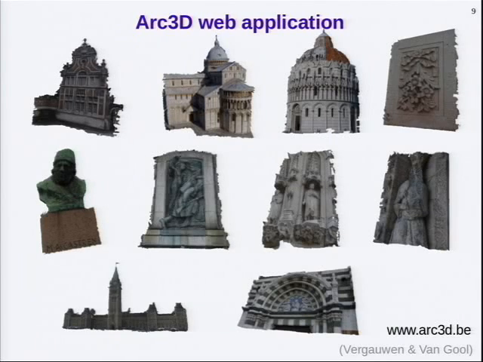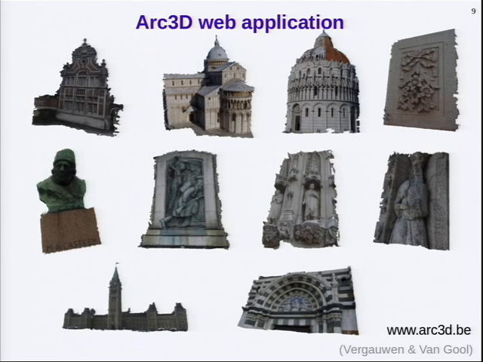One of them is the web application Arc3D, which utilizes many state-of-the-art techniques in the whole chain of dense stereo reconstruction. You just upload a couple of images, or your data set, and it automatically computes a 3D model, which it returns and you can download from their web page.